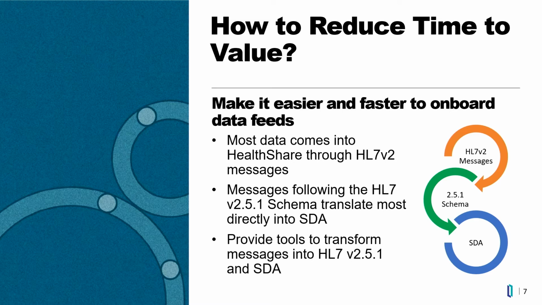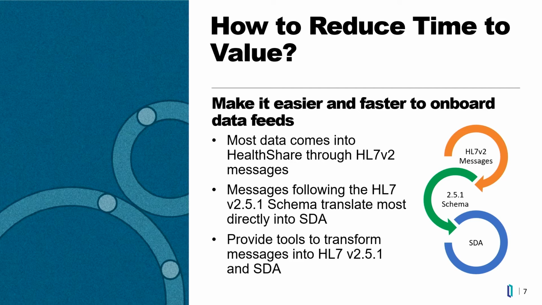So if we want to reduce time to value, we want to make it easier and faster to onboard those data feeds, right? We want to go for the biggest piece of the pie. And the way we've thought about doing that is, well, most data coming into HealthShare is through HL7 V2 messages. And messages following the 2.5.1 schema translate most directly into our internal data model because that data transformation was built off of the 2.5.1 schema.